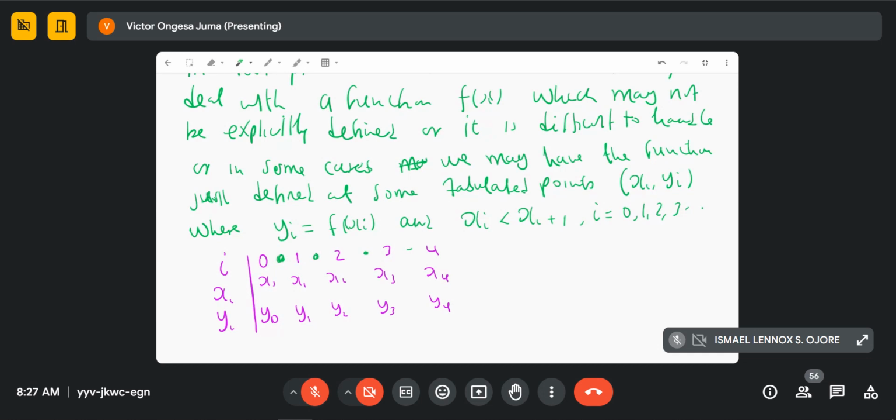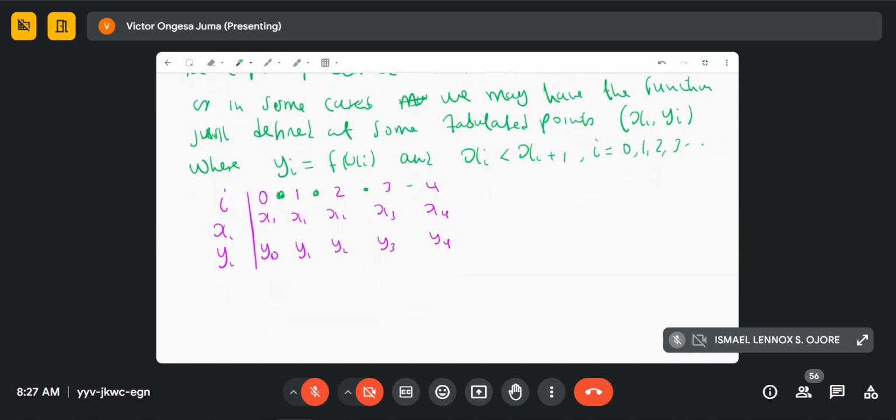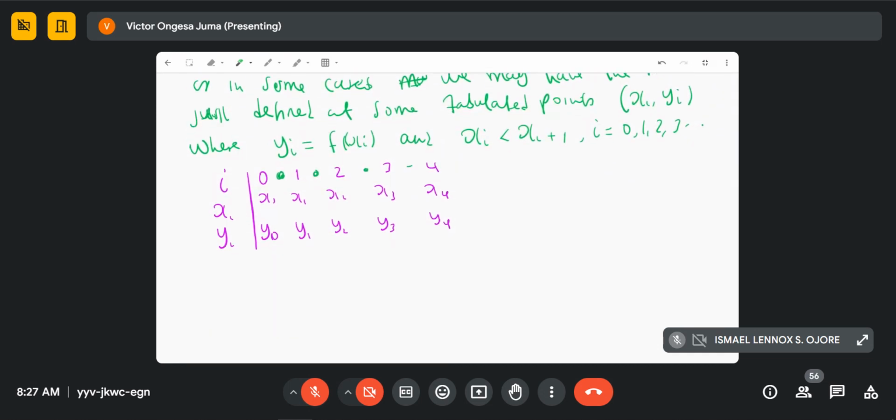So if you have a function which is complicated, or you have a function which is defined only at some points, then we replace it with a simpler function.